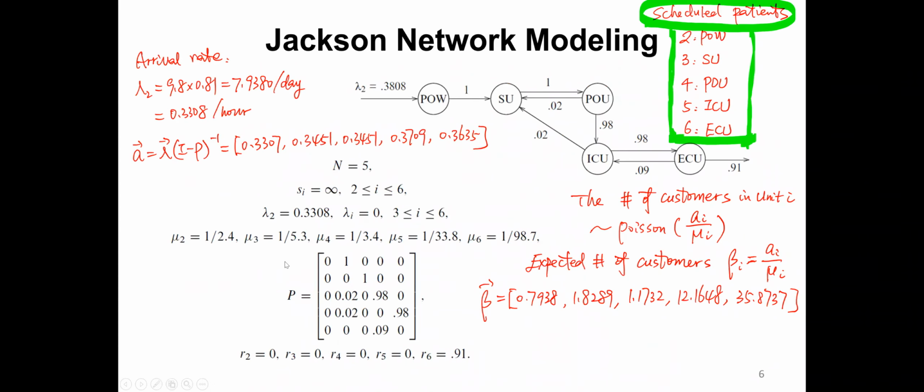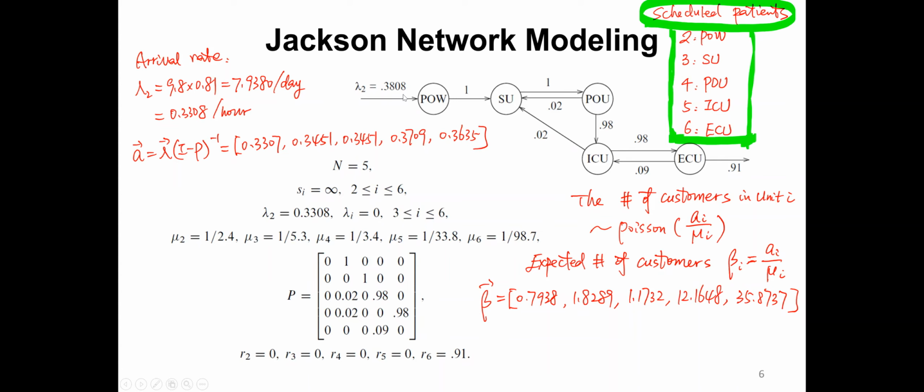Now let's have a look at the Jackson network model for the scheduled patients. Here, scheduled patients arrive at POW, not the ER anymore. From POW they go to the surgical unit, post-operative, and ICU and extended care unit.